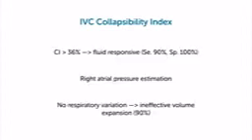Here we can see the formula: the maximal diameter minus the minimal diameter divided by the maximal diameter, and we get the collapsibility index. For values bigger than 36%, we have a sensitivity of 90% and a specificity of 100% that this patient will respond very well to fluids.